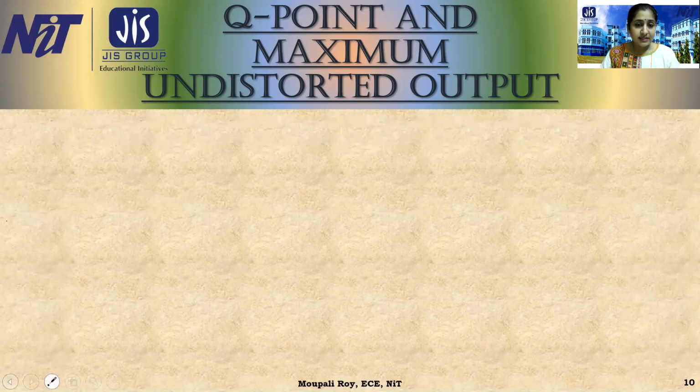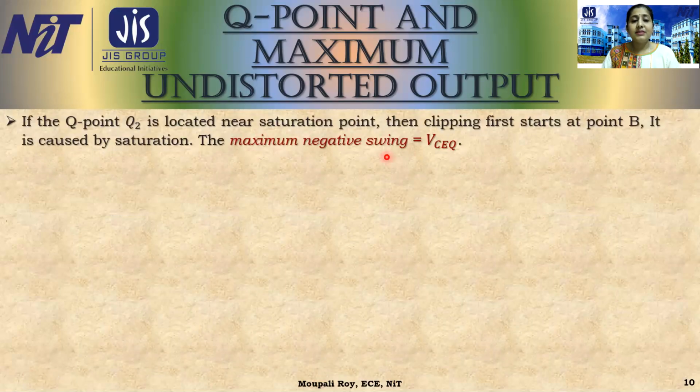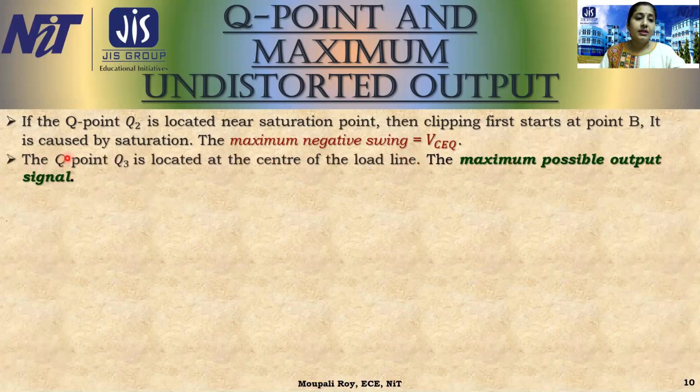Let's check once. See this one, this is nearer to the saturation point, so it starts from B, and the maximum negative swing is VCEQ.